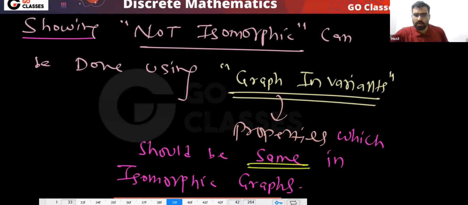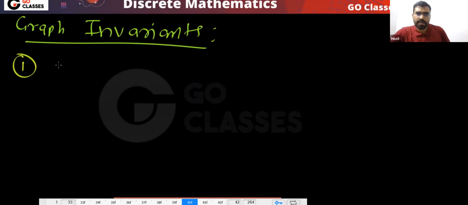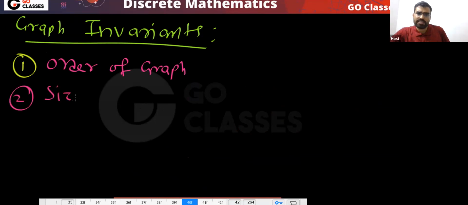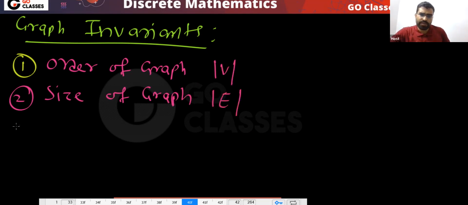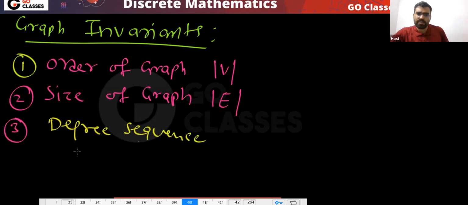If I give you two isomorphic graphs, what should be the same? The number of vertices must be the same, yes or no? So the order of the graph must be the same. The number of edges must be the same. What else? The degree sequence must be the same.